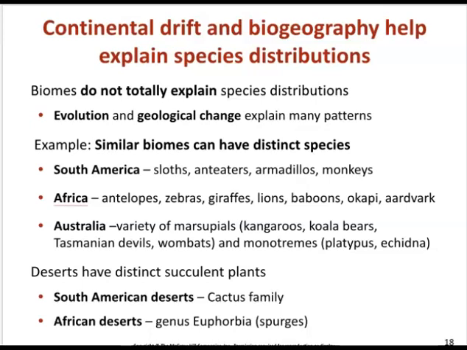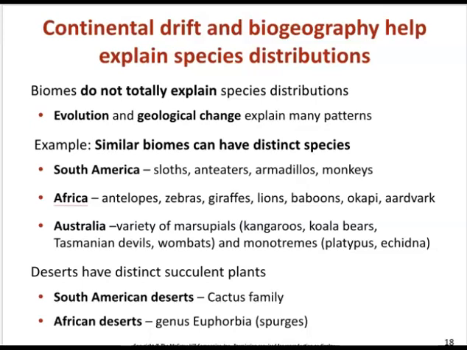So South America contains sloths and anteaters and armadillos and monkeys. But in Africa, that same biome has antelopes and zebras and giraffes, baboons, okapi, and aardvarks, right? Australia, totally different. There we see those monotremes, right? The platypus and the echidna.